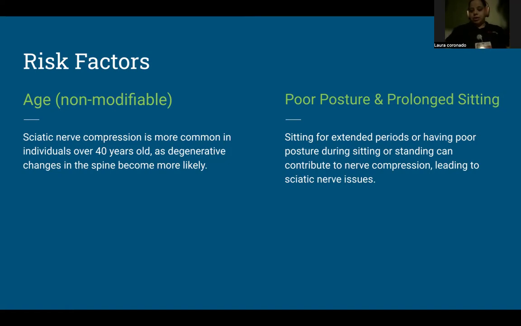So we actually want to promote posterior pelvic tilts in order to relieve that nerve that is being compressed in the lumbar spine. And this goes hand in hand with prolonged sitting, because when we are sitting, we tend to rest in this anterior pelvic tilt. So it would trigger the sciatic nerve.